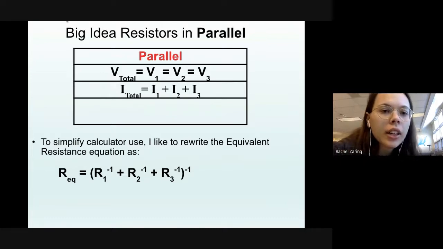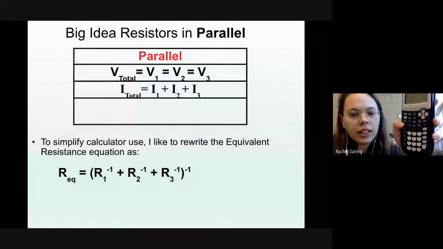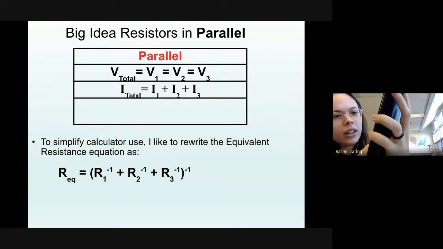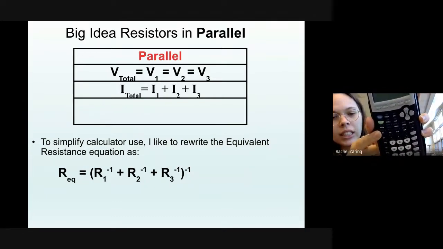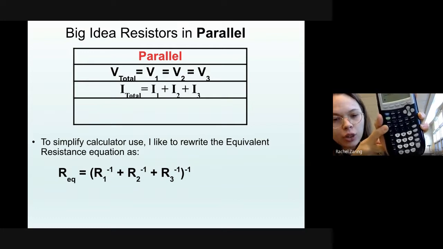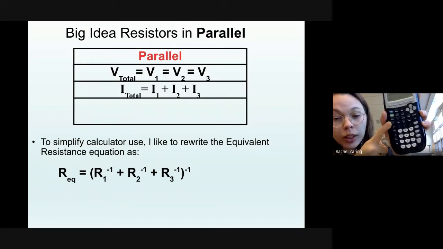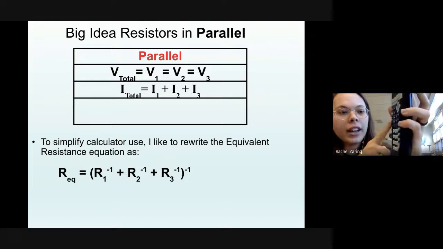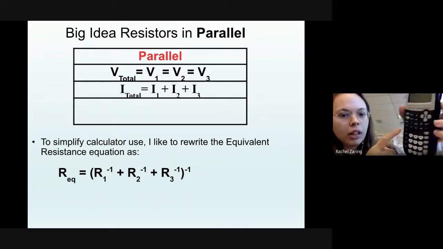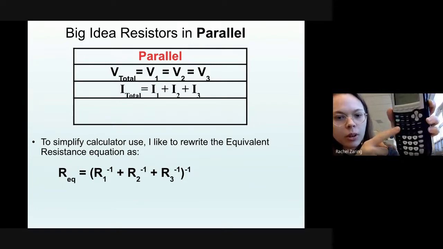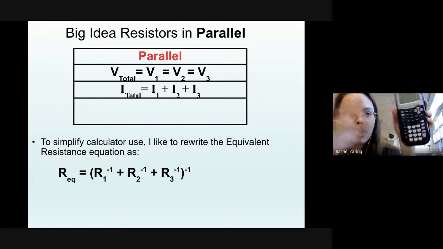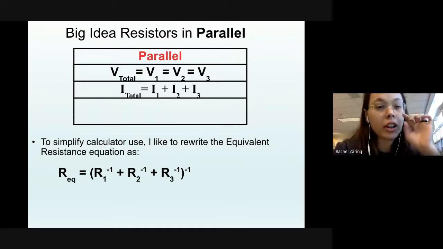For my calculator, it is this x to the -1 button right underneath the math button. If you set it up like I have here on the screen, doing this inverse is like saying 1 divided by. So if you do R1 inverse plus R2 inverse plus R3 inverse, and then inverse everything, that's a much easier way to plug this in your calculator, and I'll show you that when we do our example problem.